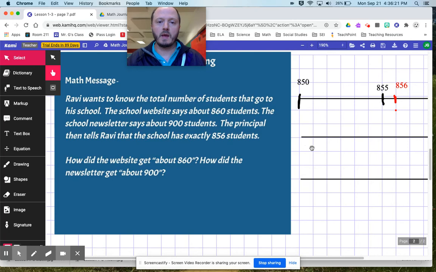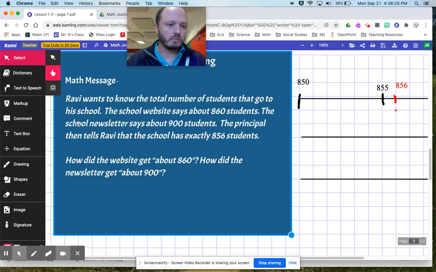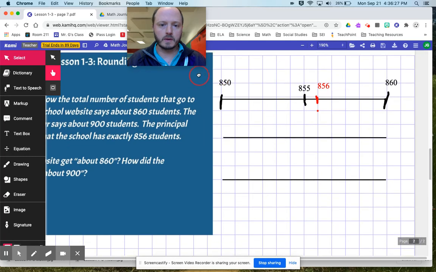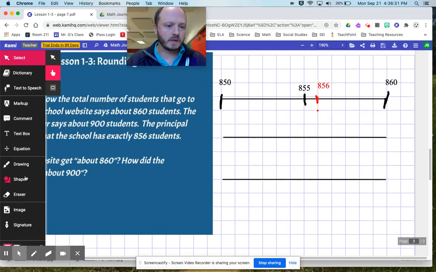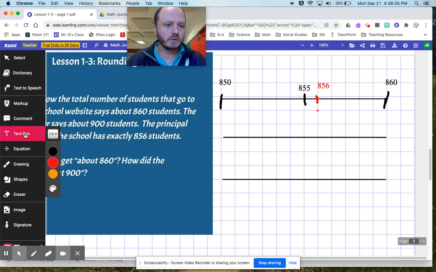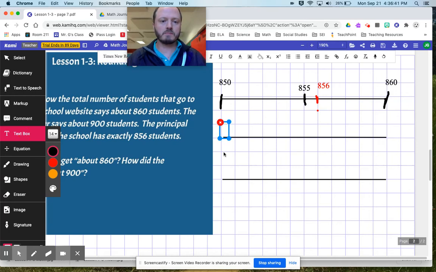All right, and in this case, I'm going to move my paper over again. If we think about 856, I'm going to just jump straight to a text box. And so the number just below 856, if we're counting by hundreds, is going to be not 880, 800.